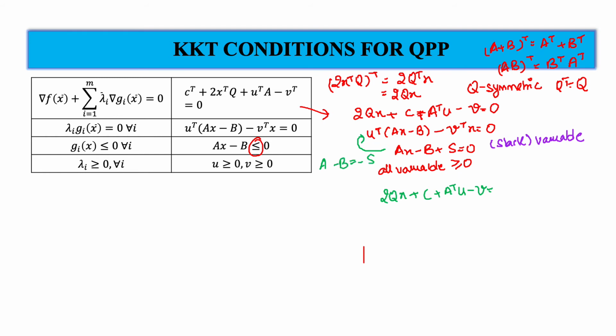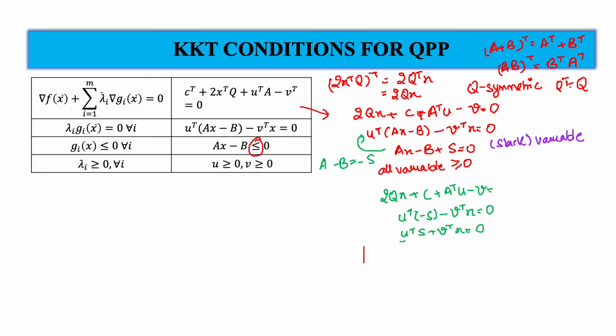Put Ax minus b in the second equation, so it will be u transpose times minus s minus v transpose x is equal to 0, which can be rewritten as u transpose s plus v transpose x is equal to 0.